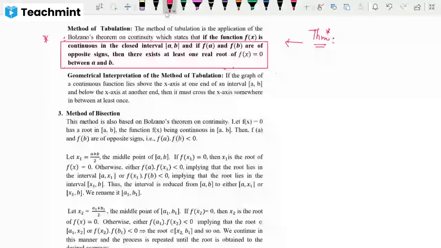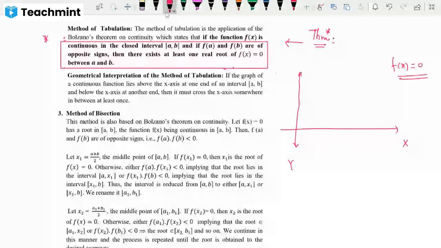It means that, suppose this is the x-axis and this is the y-axis. There is one function f(x), and we have the algebraic equation f(x) = 0. If we draw y = f(x), its graph will be between a and b.